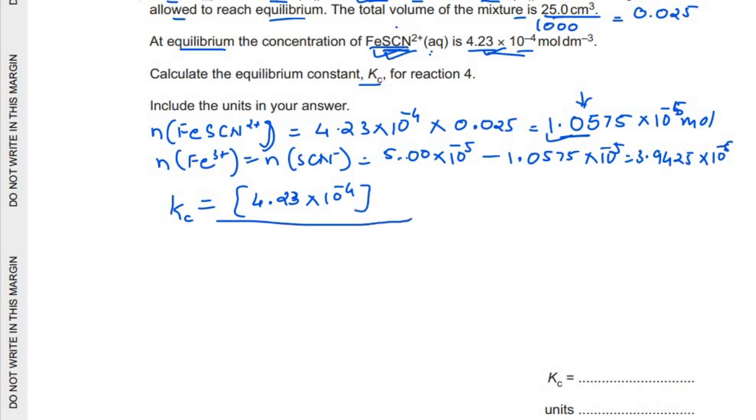And for the reactants concentration, we again need to divide this value by the volume, that is 0.025, to find out the concentration of the reactants. So the concentration of reactants I can write as 1.57 into 10 power minus 3 moles per dm cube. That's the concentration of reactants.